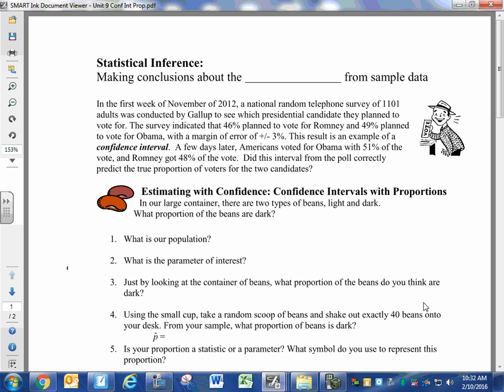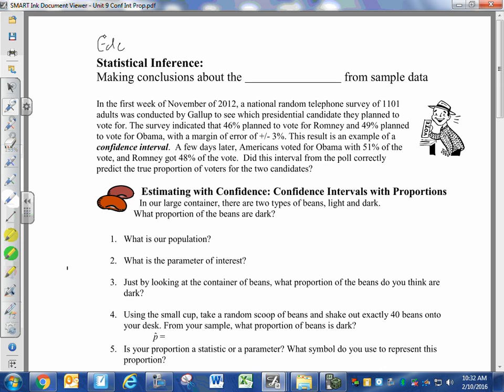All right, next couple units are on statistical inference. We are going to make educated guesses about the world using statistics.